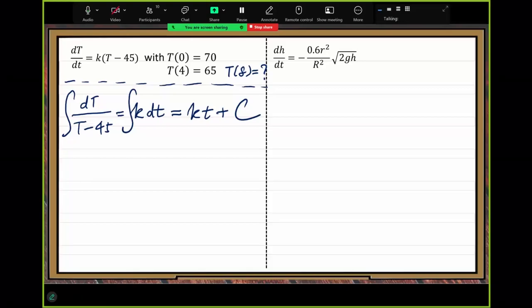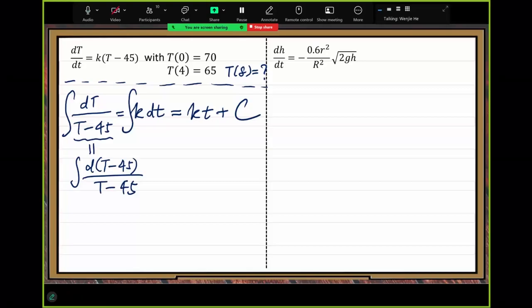Because this denominator form, T minus 45, can we write it as d of T minus 45? Because we want to make the denominator and the part inside d the same. And the d of 45, that's 0. So basically we subtract 0, so nothing changes.